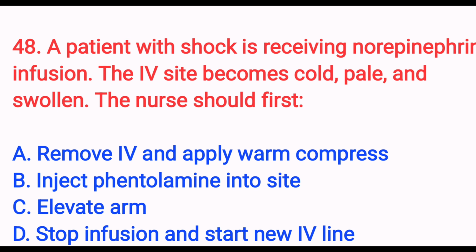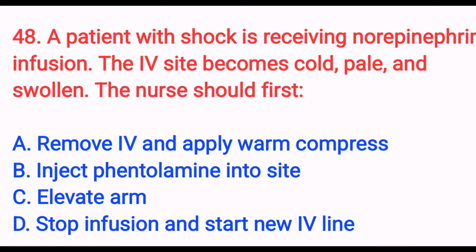Next, a patient with shock is receiving a norepinephrine infusion. The IV site becomes cold, pale and swollen. The nurse should first: option A, remove the IV and apply warm compression; option B, inject phentolamine into the site; option C, elevate the arm; option D, stop infusion and start a new IV line.